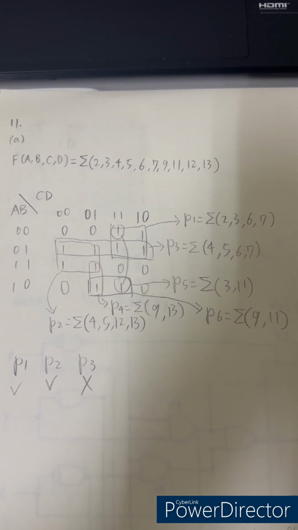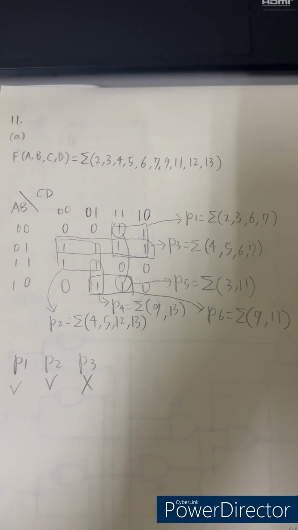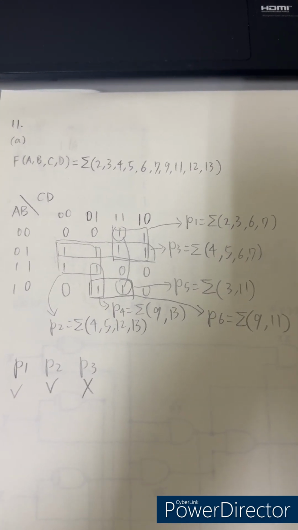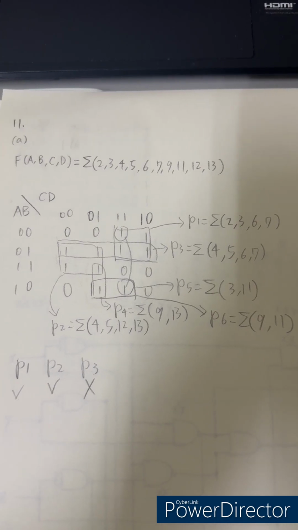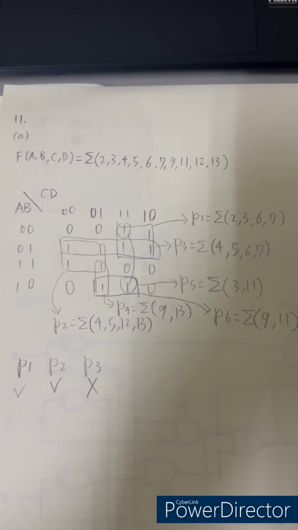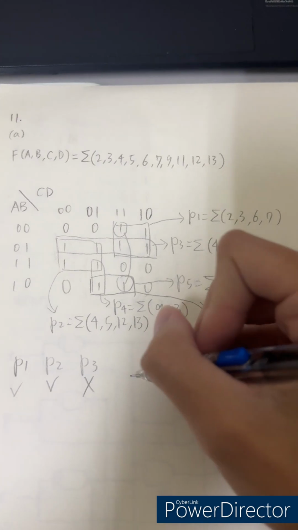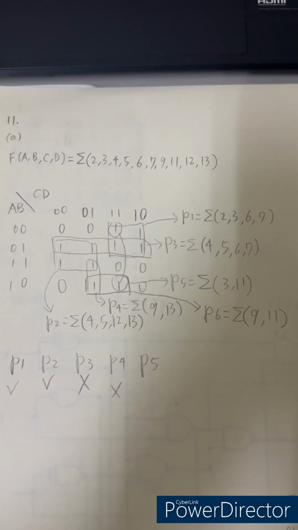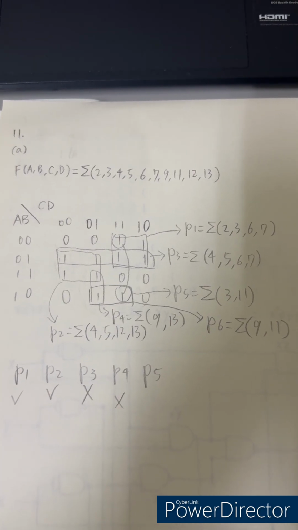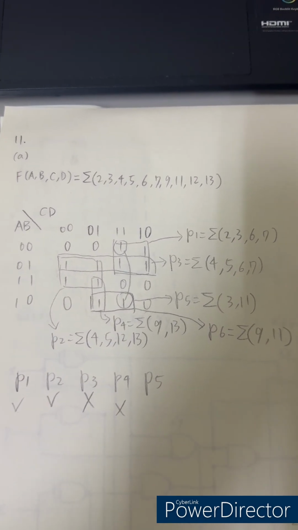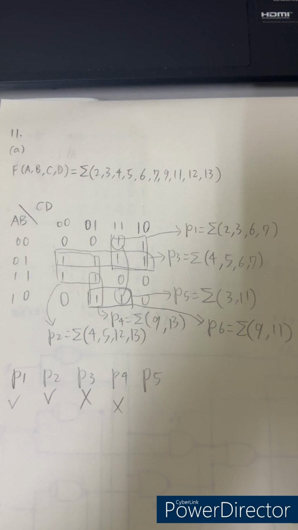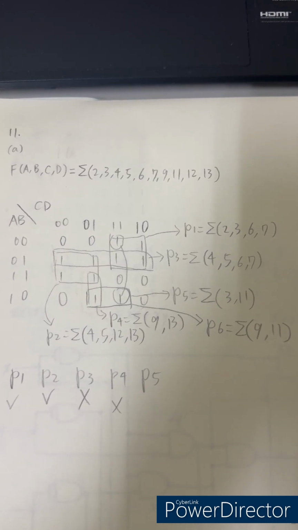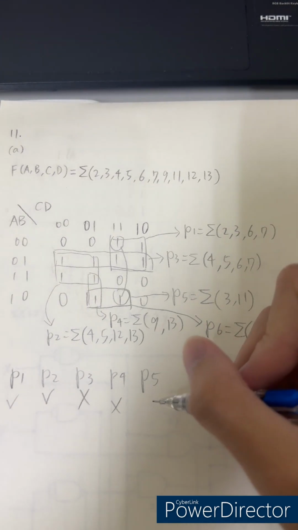P4, minterm 9 can be covered by P6, and minterm 13 can be covered by P2. So P4 is not. And what about P5? P5 is also not, because 3 can be covered by P1, and 11 can be covered by P6.